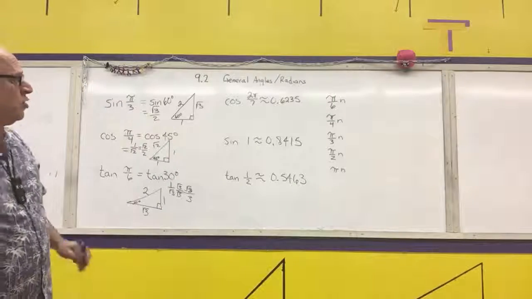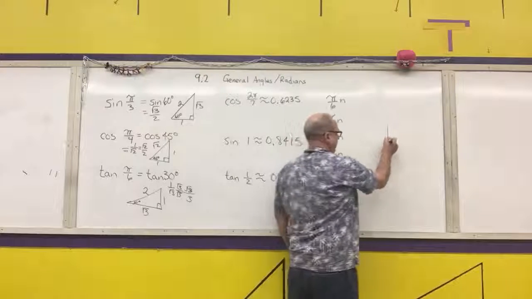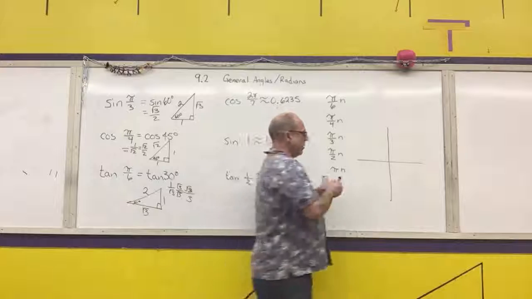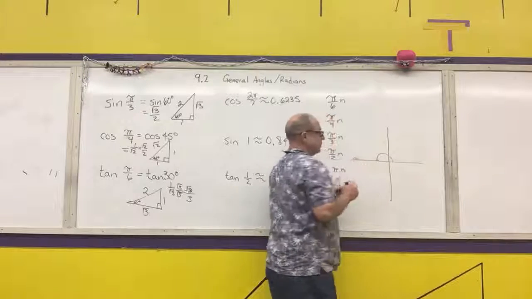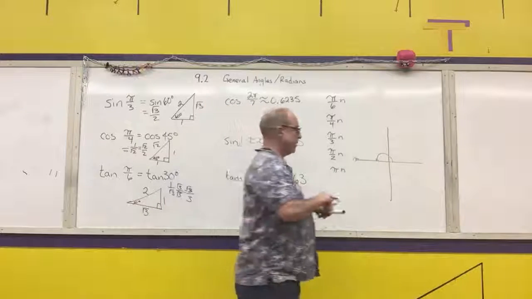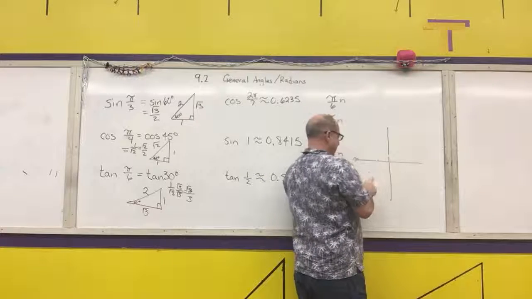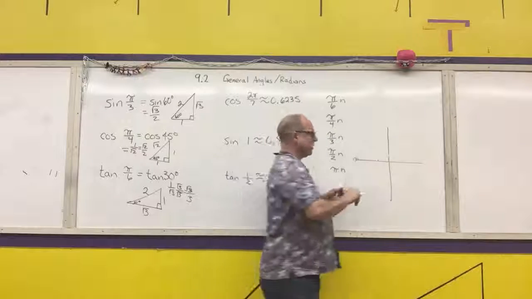Okay? One quick thing I want you guys to realize, so we're going to come over here. In radians, going all the way around from here to here is pi radians. Pi is approximately 3.14. So I'm going to divide this arc, and 2 pi is approximately 6.28.